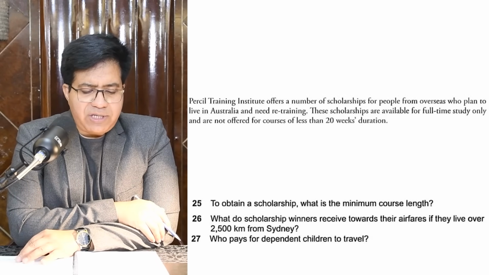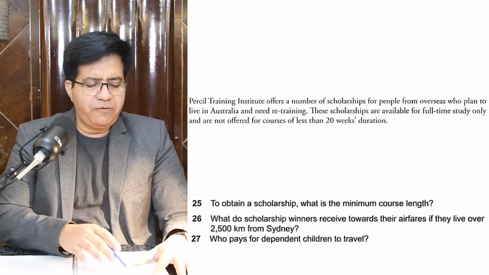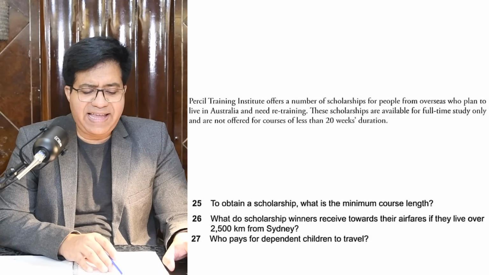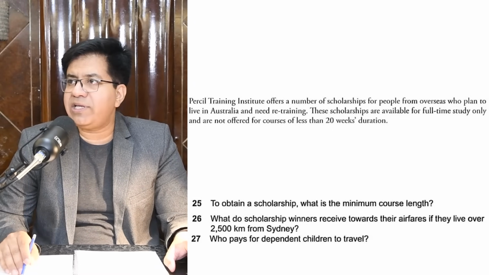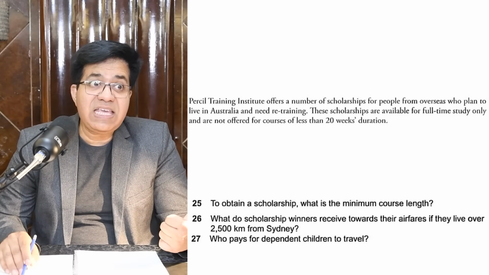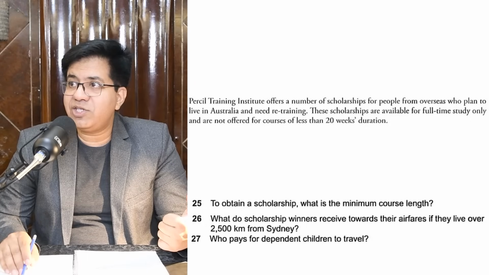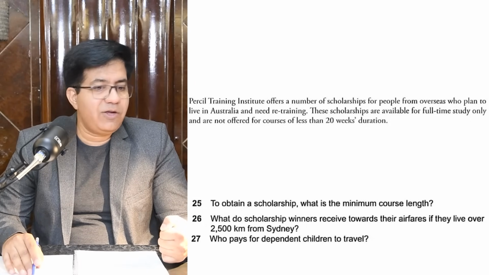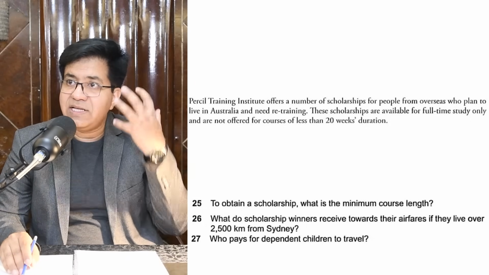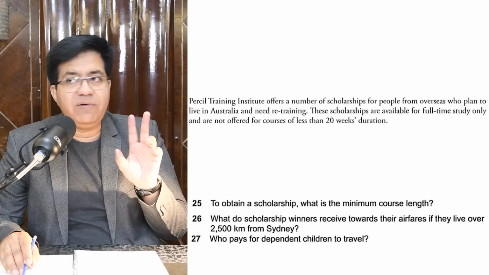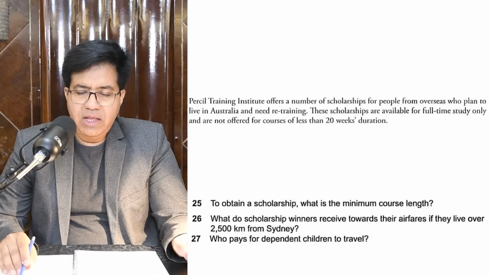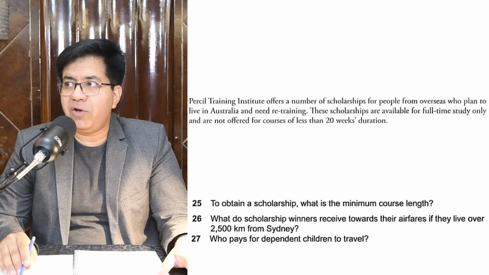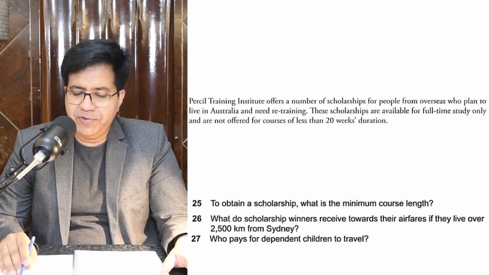These scholarships are available for full-time study only and are not offered for course of less than 20 weeks duration. So what is minimum course length? 20 weeks. You will not write duration. Length means duration. So you will only write 20 weeks. If you write duration, your right answer will be wrong because you're writing an extra word.